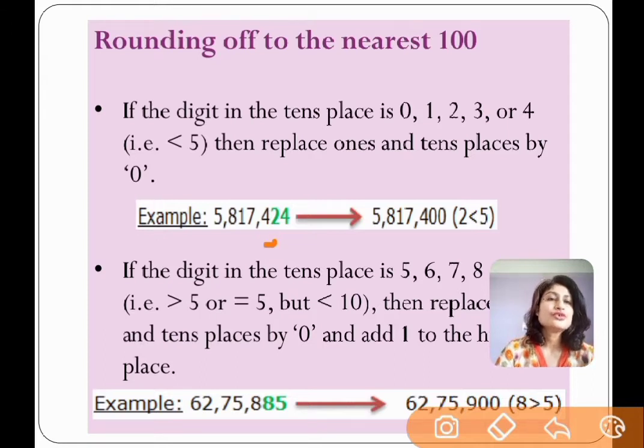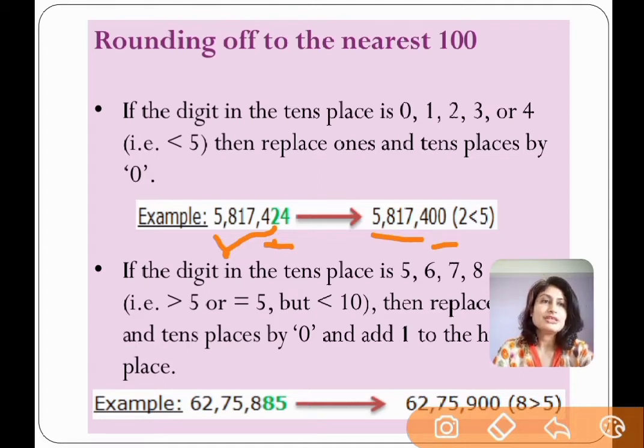Here it is 2. So 2 is less than 5? Yes. So we replace the tens and ones positions with 0 and the rest of the digits are as it is. Okay, so our answer is 5,817,400.